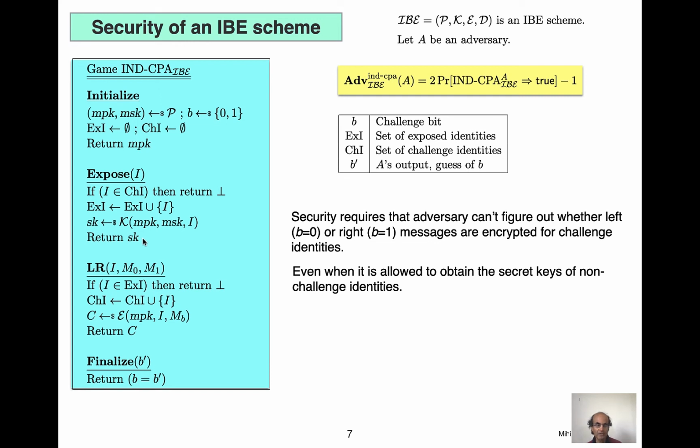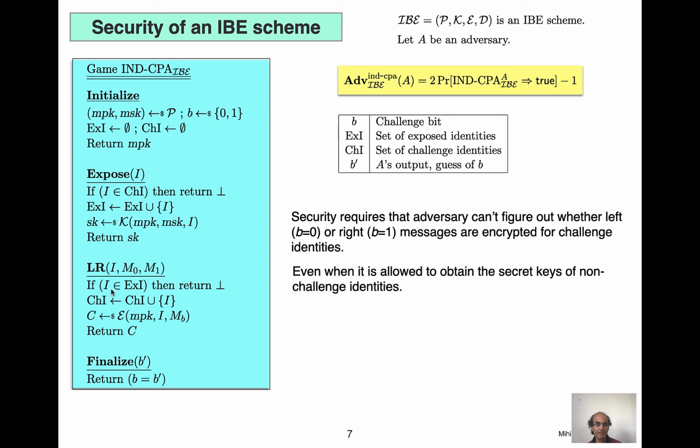Now what we have to do is just make sure that no trivial break is possible by ensuring that the keys that are provided are not the ones for these challenge identities. To do that, we maintain 2 sets, the set of challenge identities and the set of exposed identities, and the game just makes sure they're disjoint.